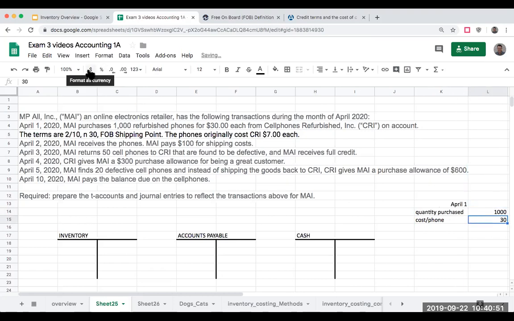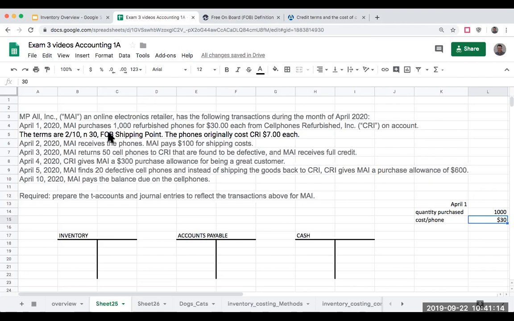On April 1st, I bought 1,000 refurbished phones for $30 each on account. When I see on account, it means I'm not paying for them in cash. Rather, it's going to be accounts payable. The terms are 2/10 net 30 FOB shipping point, and the phones originally cost CRI $7 each.